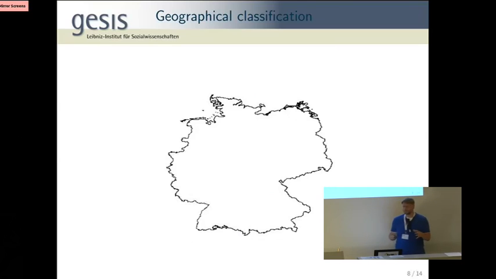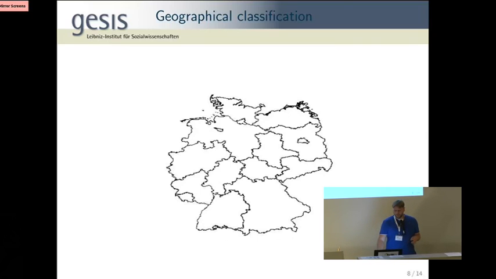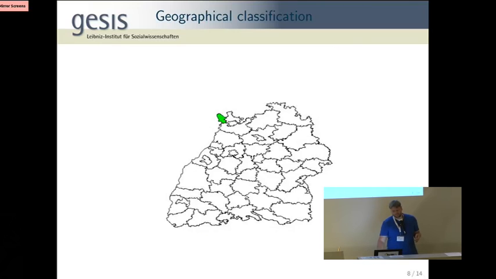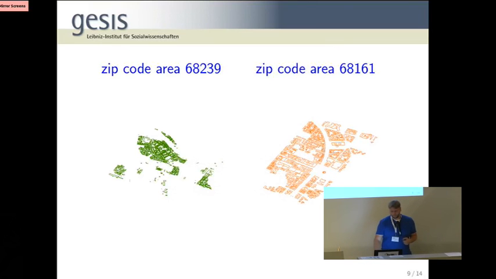Often we can only use information for the whole of Germany, so we have a very small sample size, and that's always a problem. Sometimes we can go deeper, but it's seldom possible to go as deep as the zip code, for example. So my idea was to implement information from OpenStreetMap to draw samples, using information about how the zip code area or the community is structured.